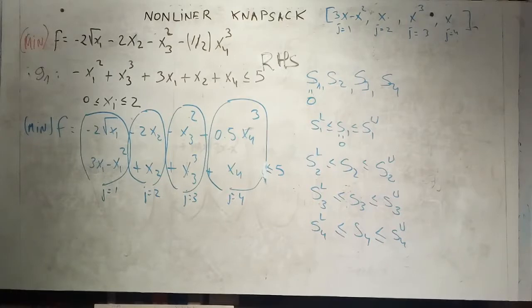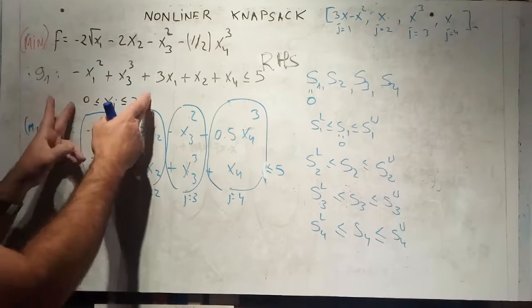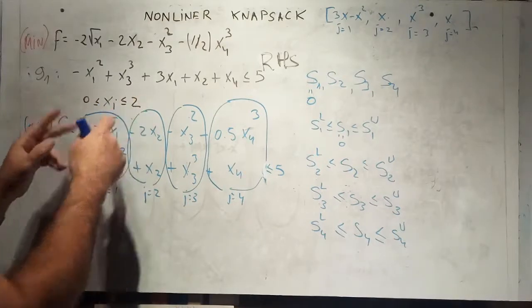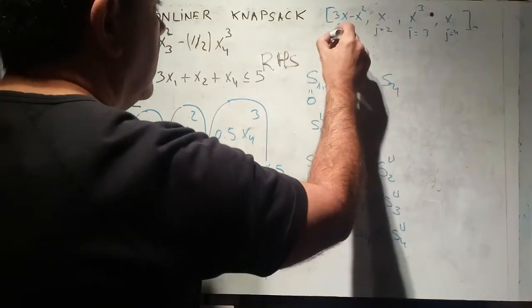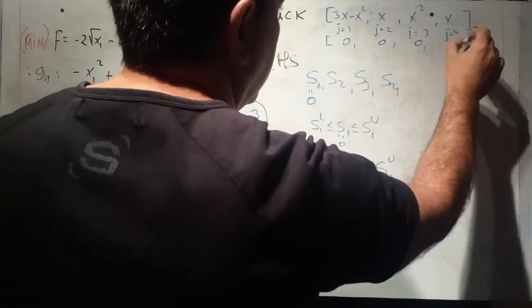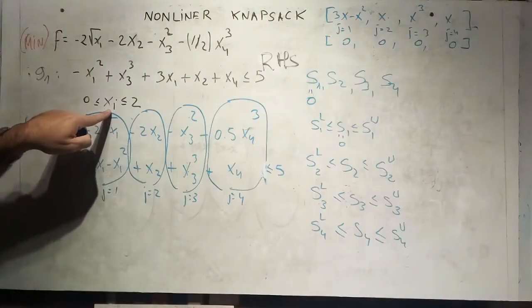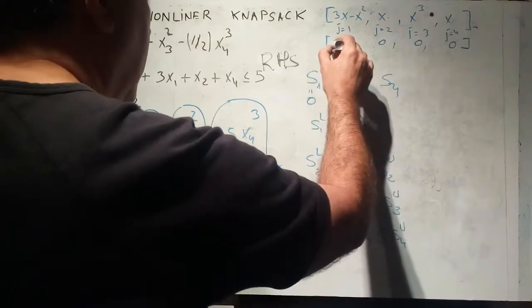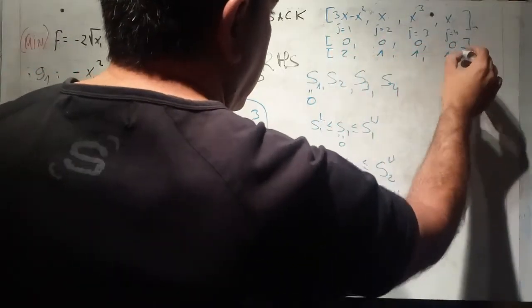And also let's evaluate the vector, because as I've said, the variables are moving between 0 and 2. So if I substitute here 0, what we get is 0, 0, 0, 0. When I substitute here the value of 1, what we get is 2, 1, 1, 1.